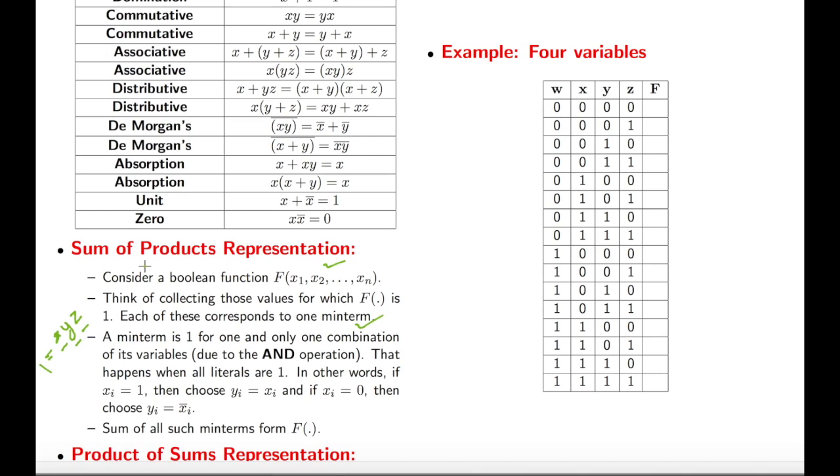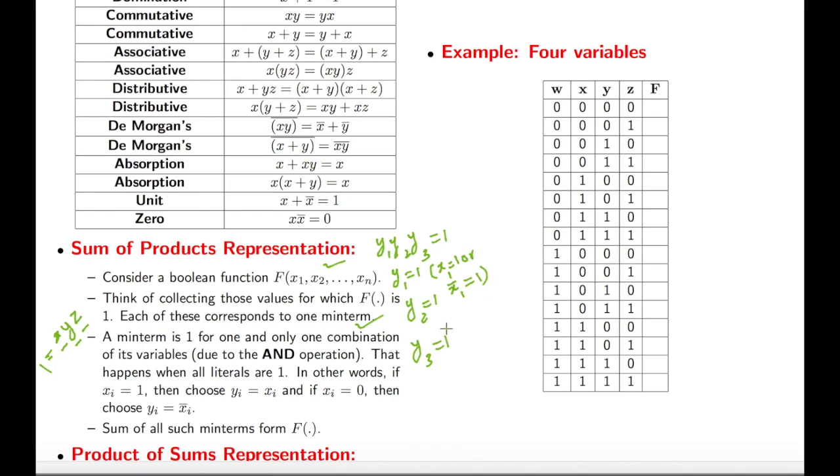Now, if we talk about the literals, for example three literals y1, y2, y3, and their product is equal to 1. This means y1 is 1, y2 is 1, and y3 is 1. Now, y1 can be x1 equal to 1 or x1 bar equal to 1, right?